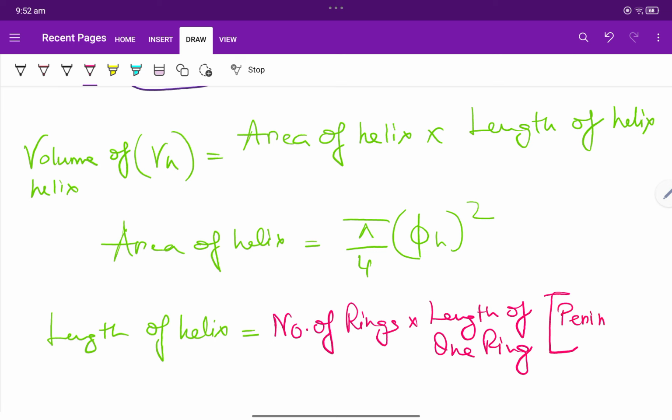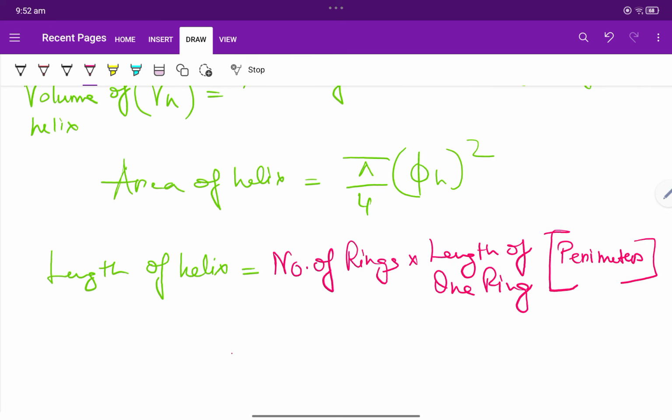That is the perimeter. And the number of rings, how can we find? If you remember, previously also we calculate everything in 1 meter. So 1000 divided by the pitch. If we divide the total length with the spacing, we get the number of rings. The total length is 1000 and the spacing of one ring is p.